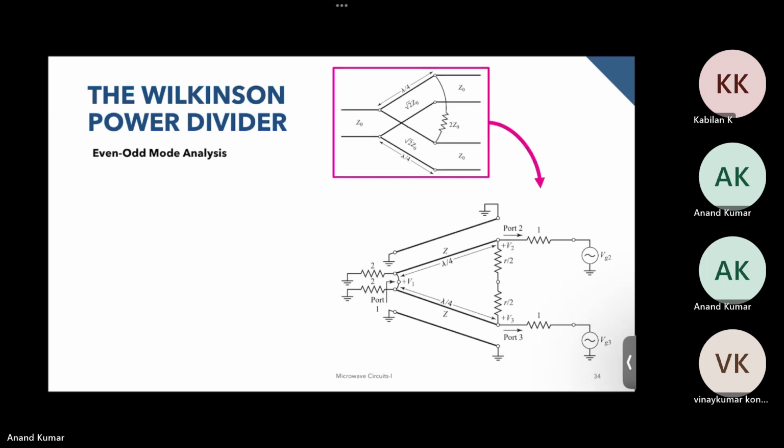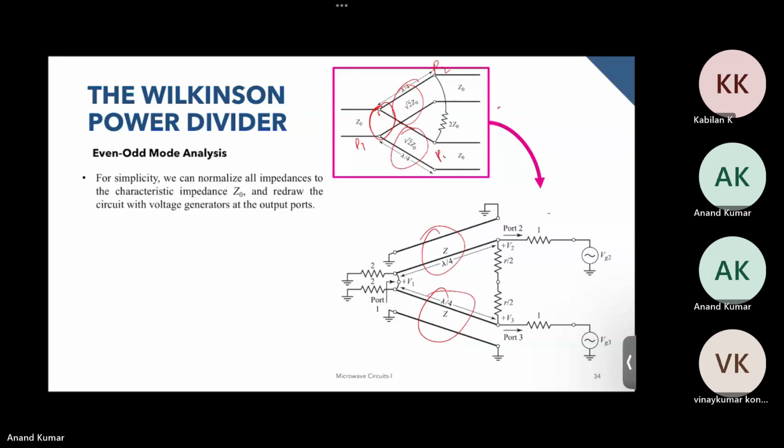These transmission lines are over here, and this particular junction is now being split. So this V1 plus voltage is given over here, and we have port 1 over here, port 2 over here, and port 3 over here.